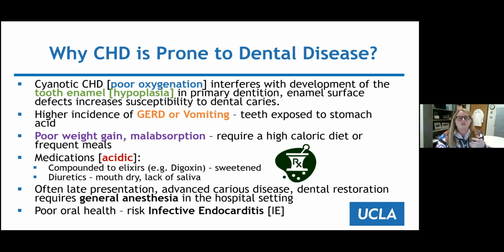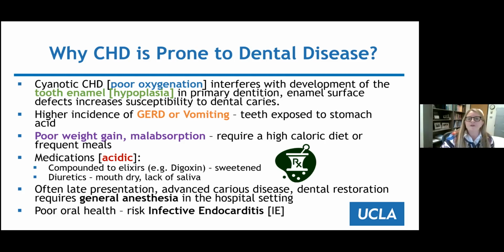So why is congenital heart disease prone to dental disease? More so in particular cyanotic heart disease because of the poor oxygenation that is systemically in the body. That systemic blood flow is the blood supply that's going to the teeth as well too.